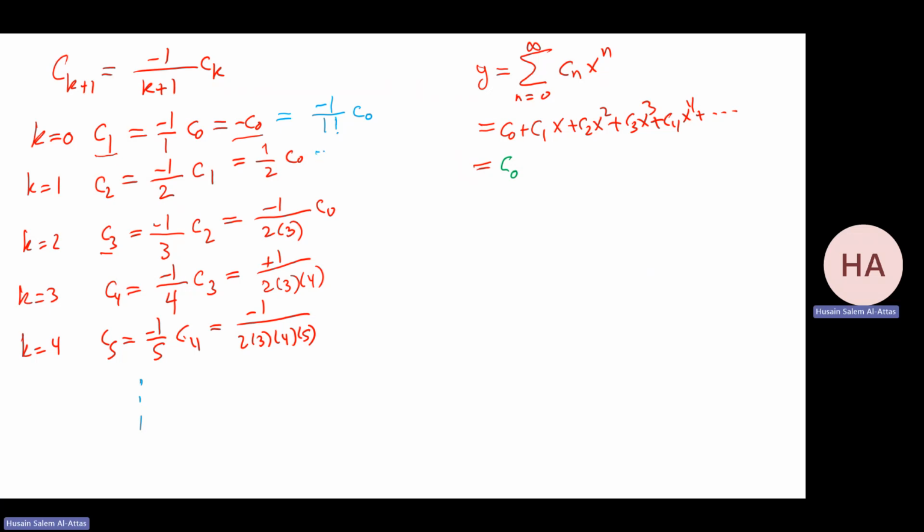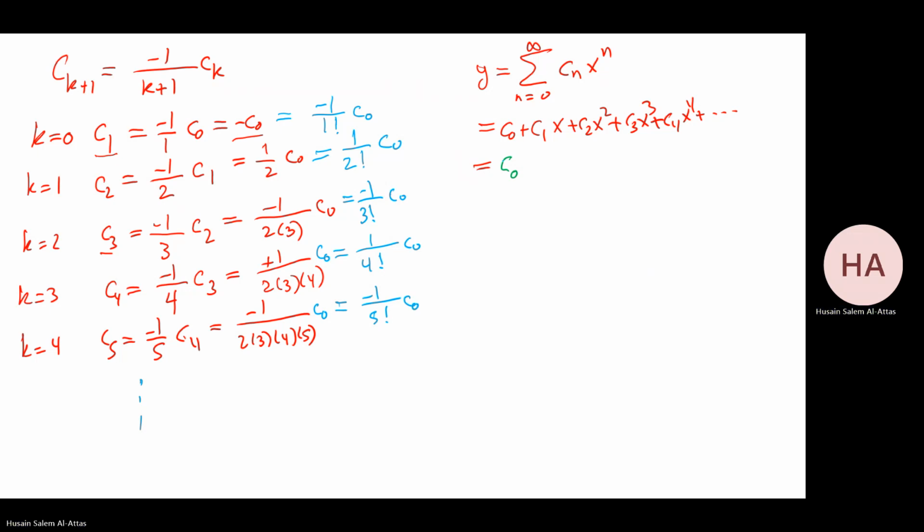If you look at it, this is 1. What is 2? 2 is 2 times 1, which is 2 factorial C0. This one is -1 over 2 times 3, that will be 3 factorial C0. This one is 1 over 4 factorial C0. And this one, -1 over 5 factorial C0.